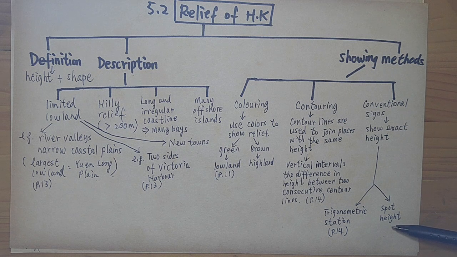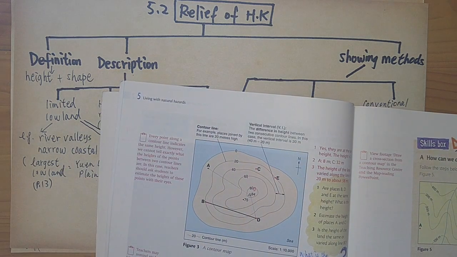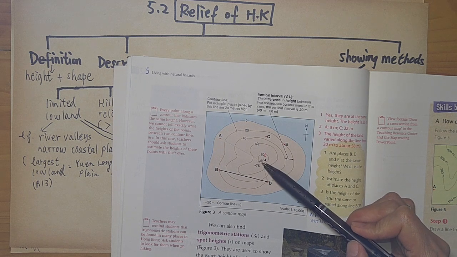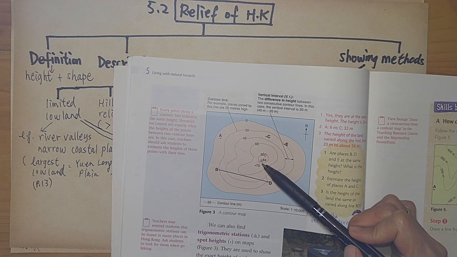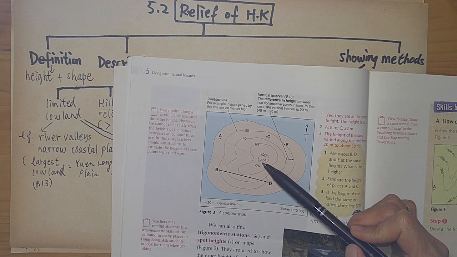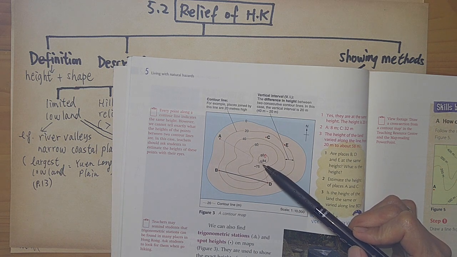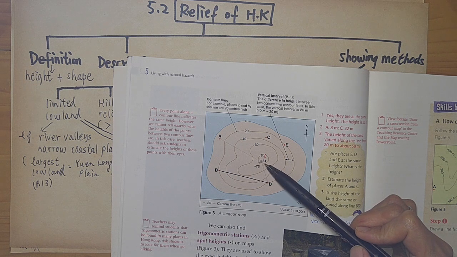Now again, you can just look at page 14 in your textbook. Here, this one. Now you can find that this conventional sign belongs to a trigonometric station. Is that right? So this point refers to the top of the mountain. So it is about 84 meters. You can see the number beside here, 84 meters.